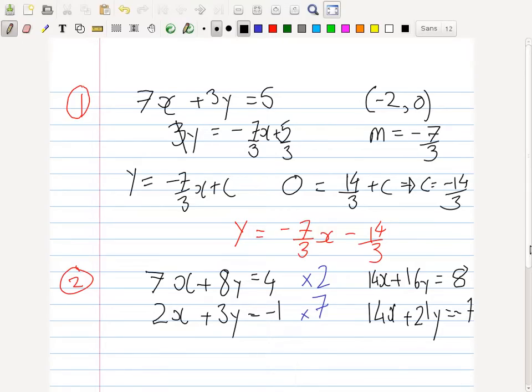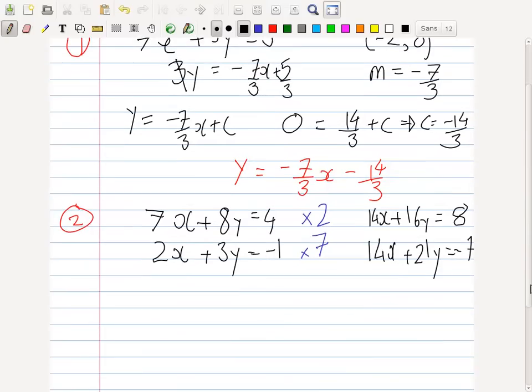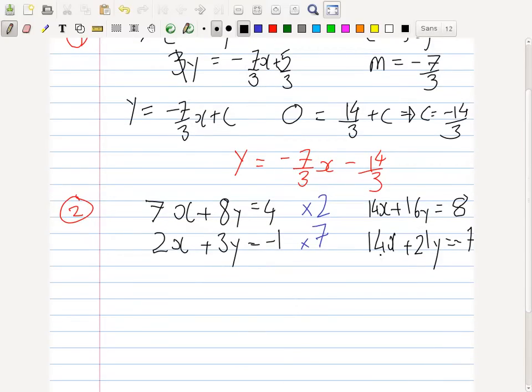Now, what do I do next with these two? Minus, yeah. So 14x minus 14x is gone. 21y minus 16y, that's 5y. Minus 7 minus 8 is minus 15. So therefore, y is equal to minus 3.